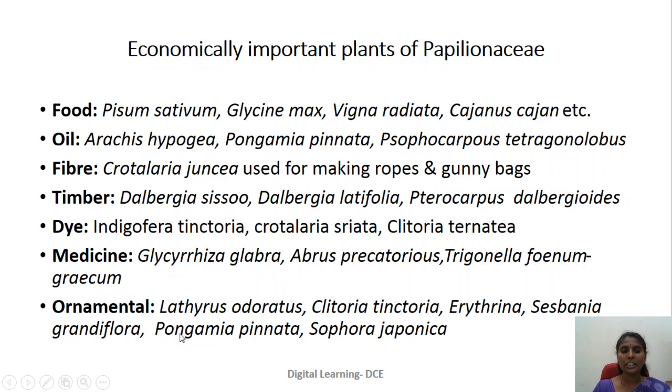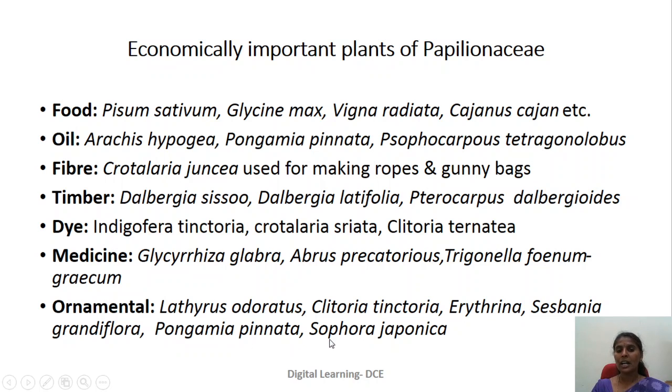There are some ornamental plants of the family like Lathyrus odoratus, which produces beautiful flowers with various colors. Clitoria ternatea produces blue colored flowers, and Erythrina is a tree species which produces scarlet orange colored flowers, hence it is grown as an ornamental.